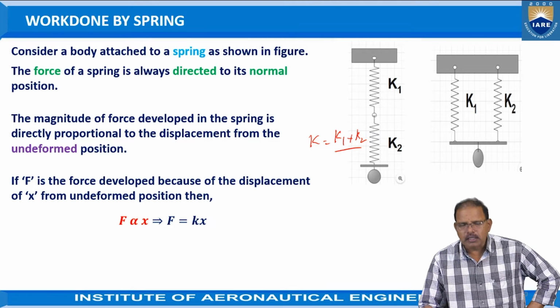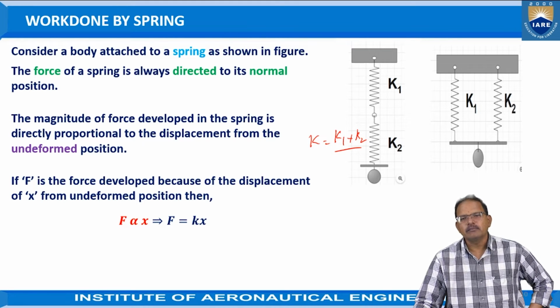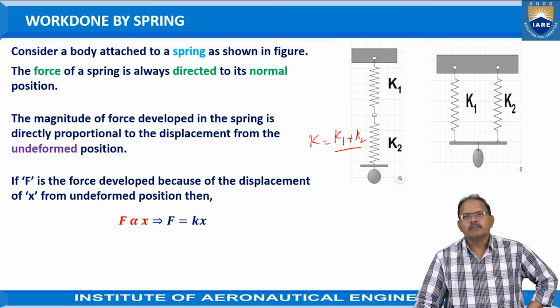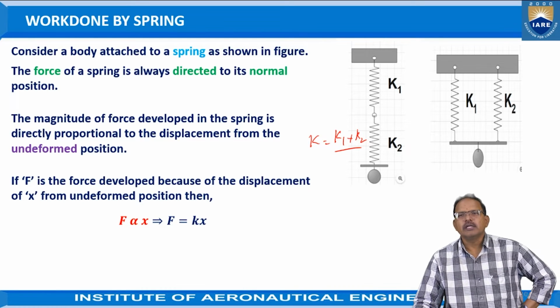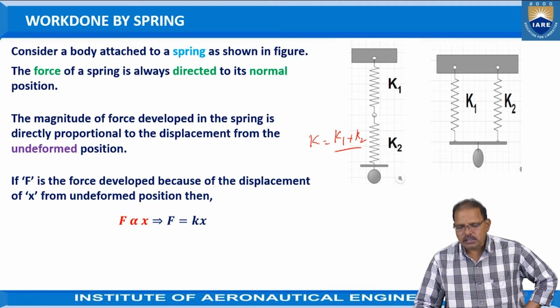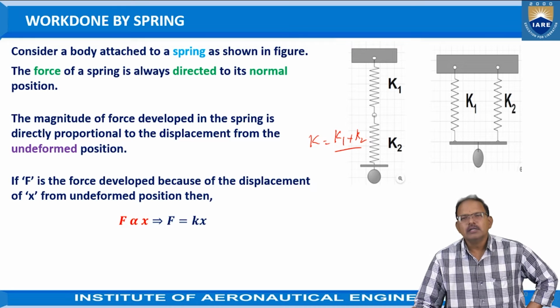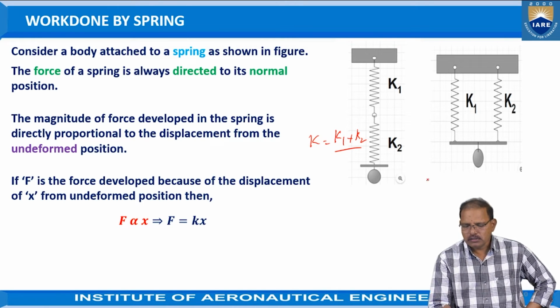After determining k, the potential energy stored within the spring can be determined using the equation 1 by 2 k x square, where x represents the displacement or deformation of the spring. Similarly, when the springs are connected in parallel, we get 1 by k is equal to 1 by k1 plus 1 by k2.